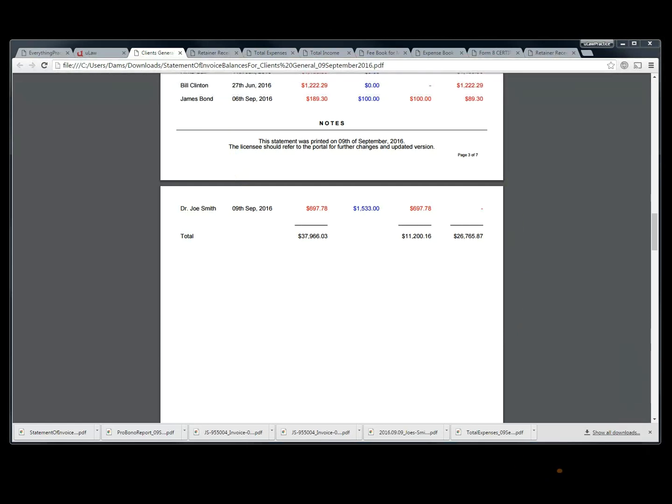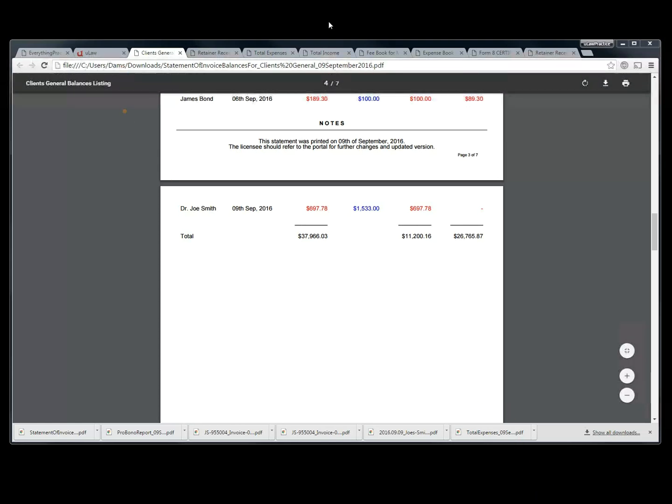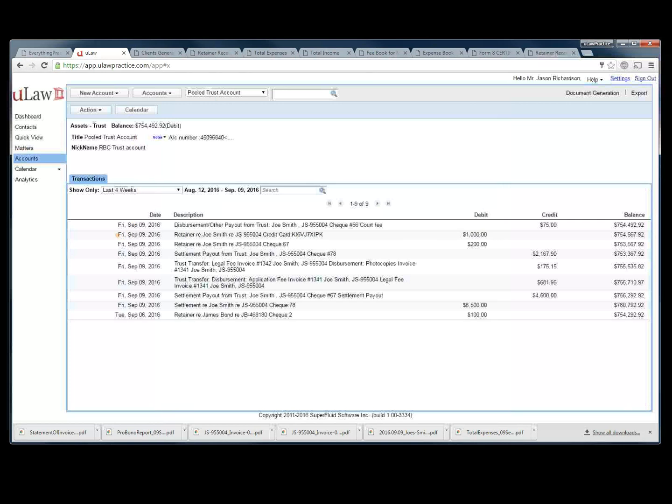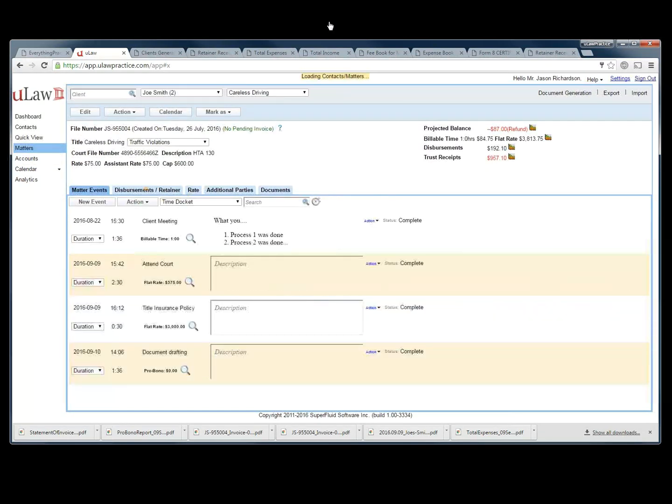How do you invoice money that you haven't received into your account? A client receives $2,000 in income replacement, and you're billing a percentage of what they received. How do you manage that in your software? When you go to the matter, under your actions, you can always hit contingencies.